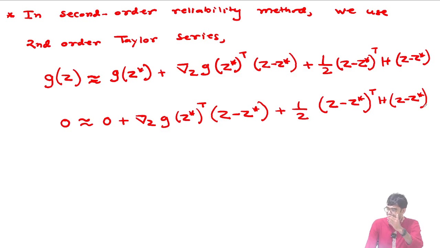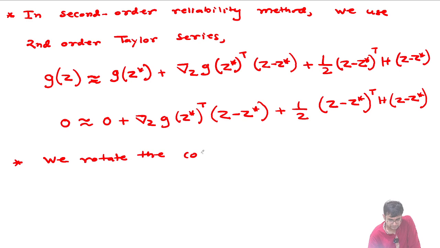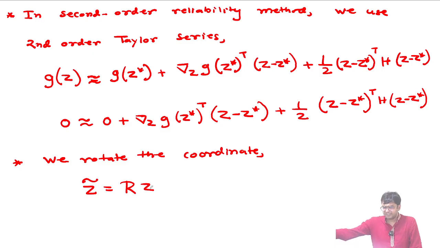So I will rotate the coordinate such that my primary direction is now along the gradient direction, which is the unit normal alpha, right? So what we did was, we rotate the coordinate, which means it will give me Z tilde is equal to R times Z, where R is my rotational tensor and Z is my random variable in the original standard normal space that we had.